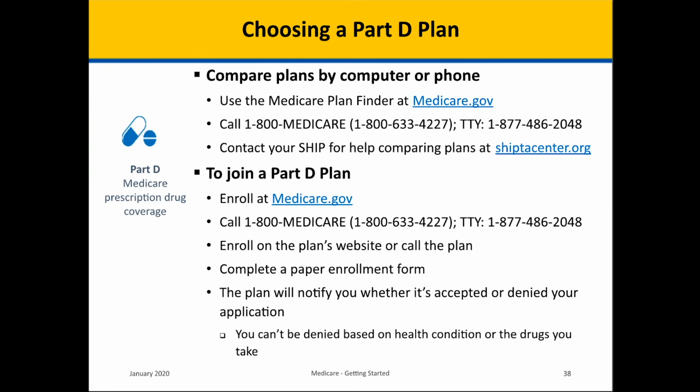If you are doing the research yourself and not using any of those resources, once you find a plan that you feel meets your needs, you can call the company offering it and ask how to join. All plans must offer paper enrollment applications, and all plans may let you enroll through their website or over the phone. Plans are required to process applications in a timely manner. After you apply, they must notify you whether it's been accepted or denied, and they are not allowed to deny your application based on health conditions or the drugs you are taking. Next slide, please.